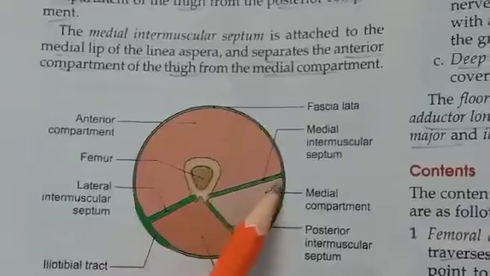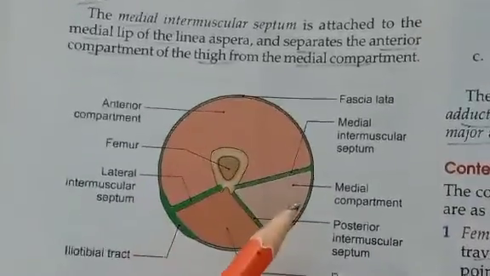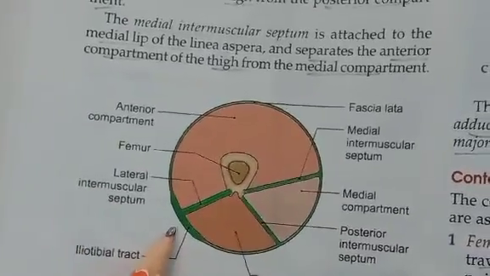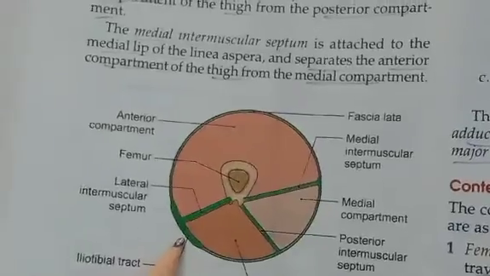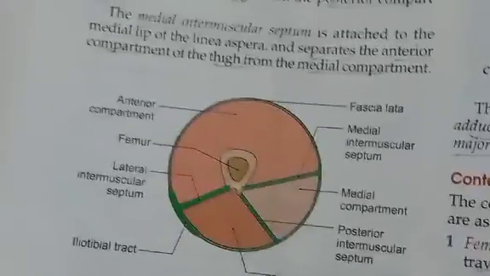Whereas the medial intermuscular septum separates the anterior and the medial compartment of the thigh. And this lateral intermuscular septum is derived from, or is the elongated part of, the iliotibial tract. Thanks for watching this video.